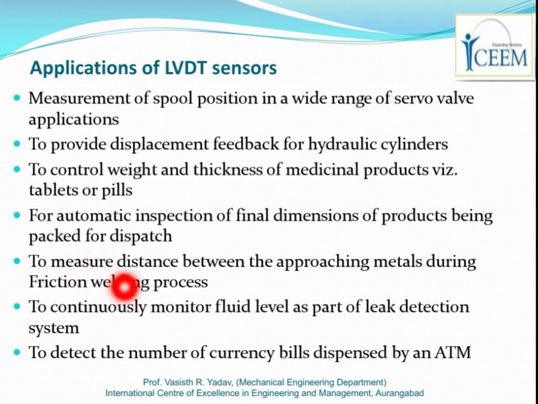They are used to measure the distance between approaching metals during the friction welding process. They are also used to continuously monitor fluid level as part of a leak detection system, and can also be used to detect the number of currency bills dispensed by an ATM.